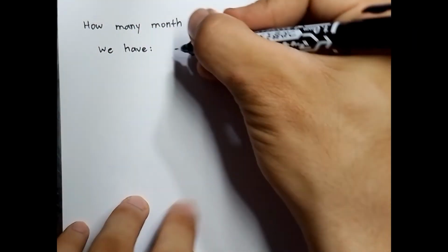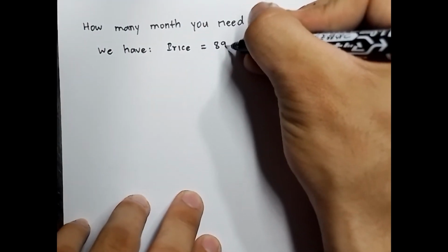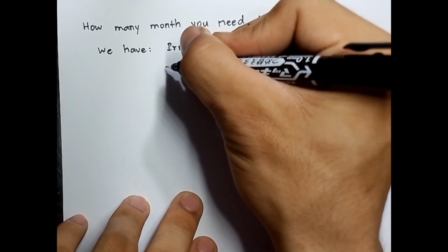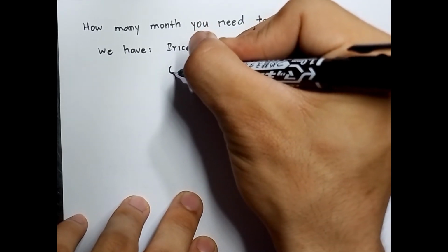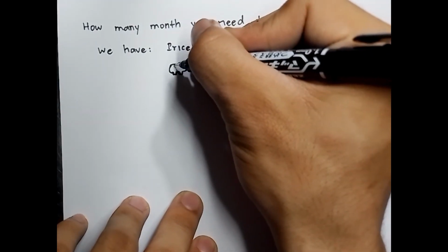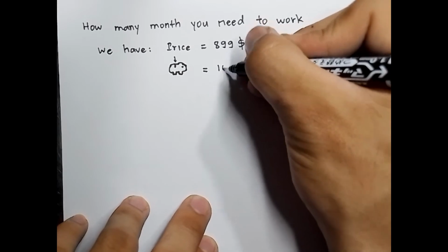What we have here is that we know the price of the phone is $899. And what you have in your piggy bank is, okay, I draw a pig, insert money, you have only $105.